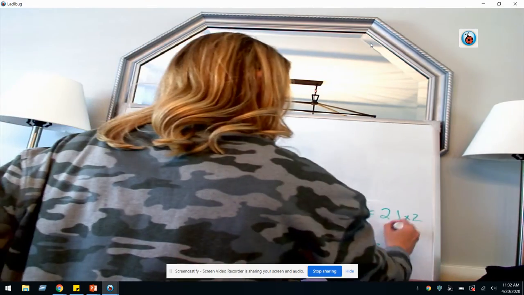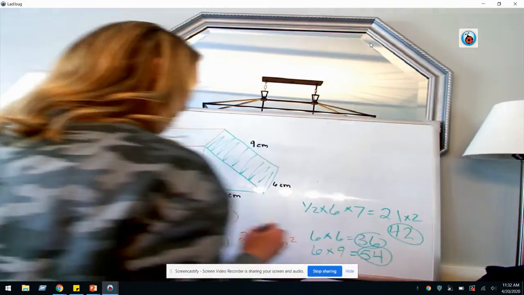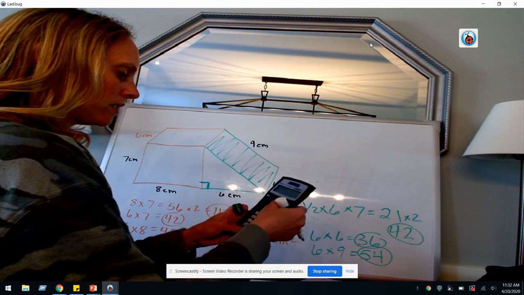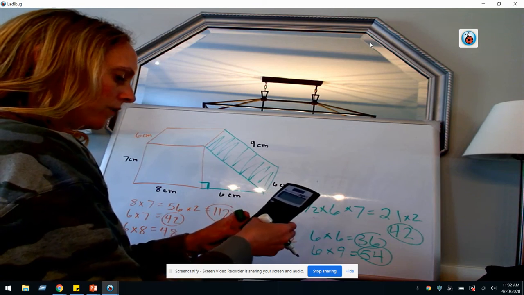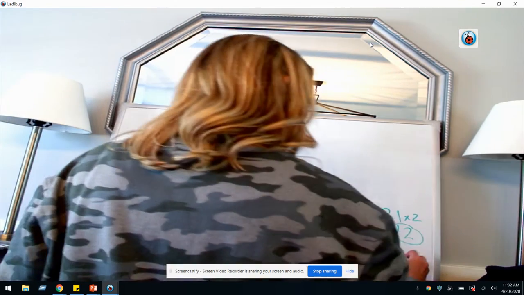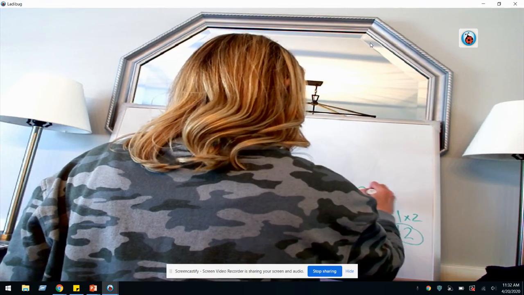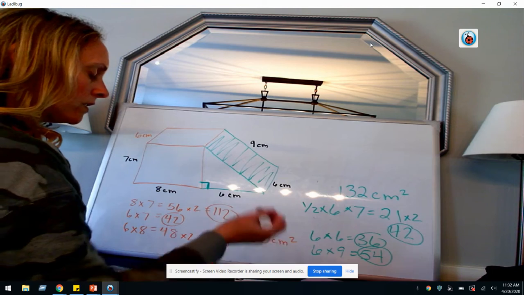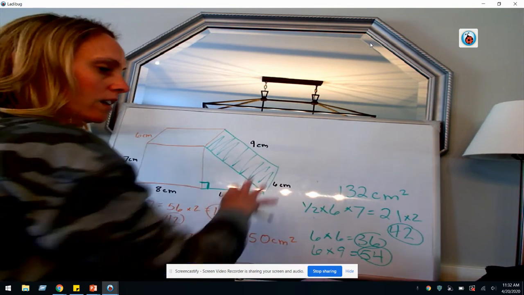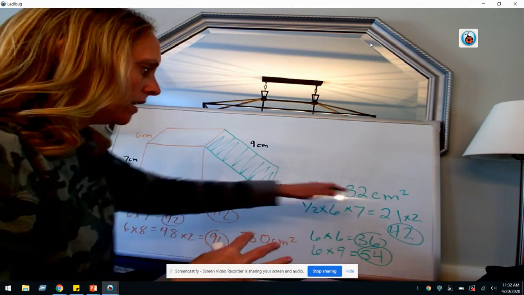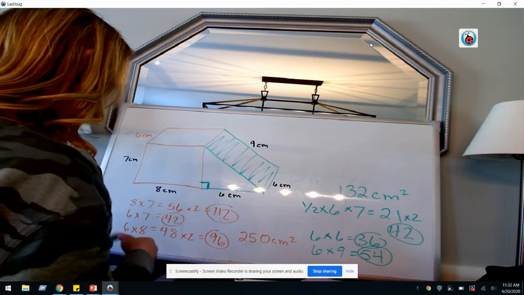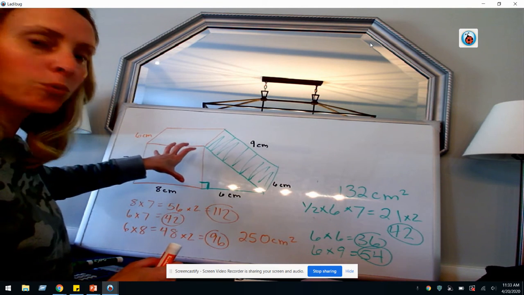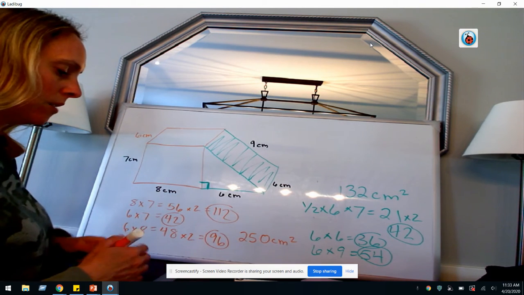I want to add these together. 42, 36, 54. So I'm going to go to my calculator. 42 plus 36 plus 54, and I get 132 centimeters squared. So my surface area for my green triangular prism is 132 centimeters squared. My surface area for this rectangular orange prism here is 250 centimeters squared.